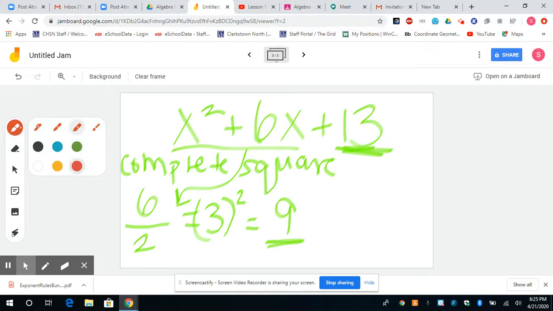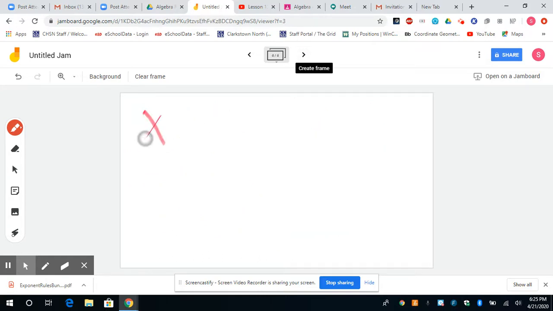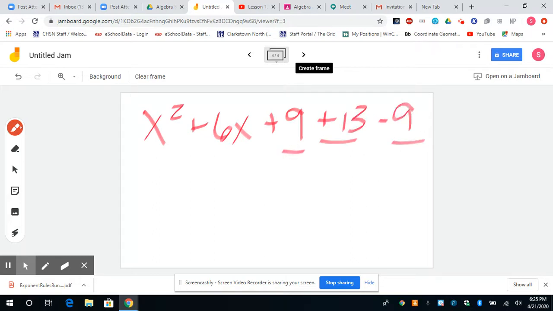We're going to add this 9 up here. And then remember, if we're adding a 9 to the left, we have to subtract it on the right. So now we have x squared plus 6x plus 9 plus 13 minus 9.